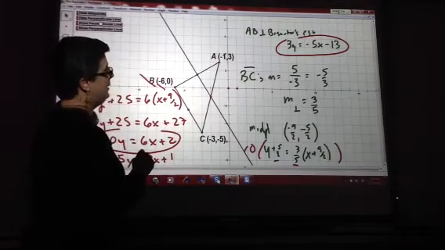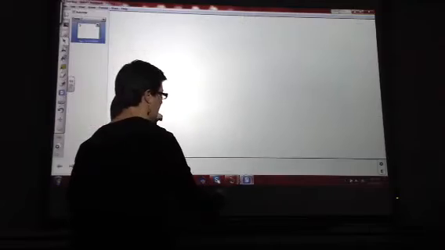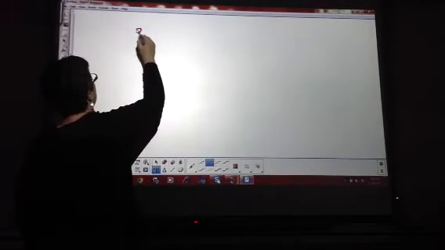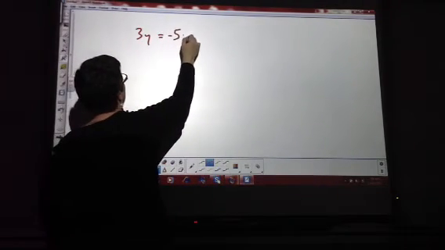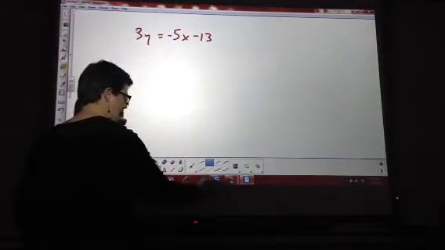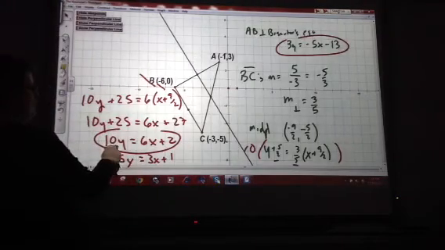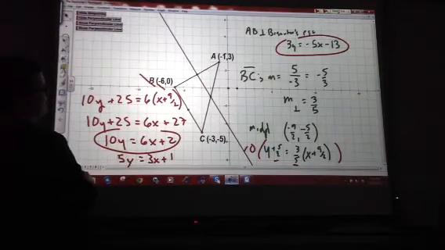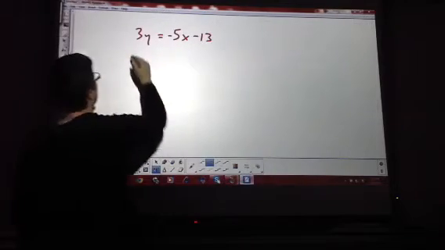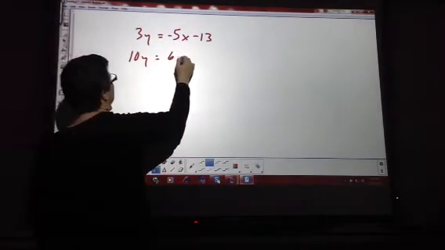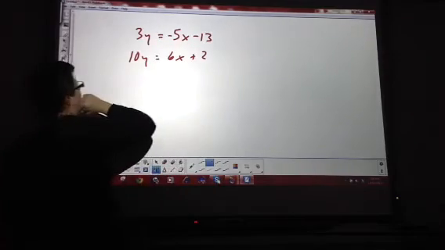3y equals minus 5x minus 13, and we have 10y equals 6x plus 2. So we'll go back here. 10y equals 6x plus 2.